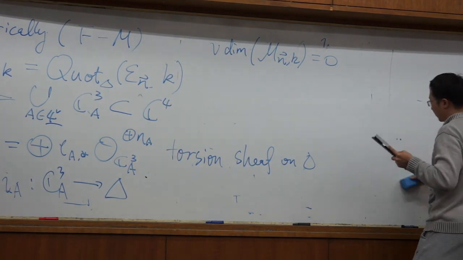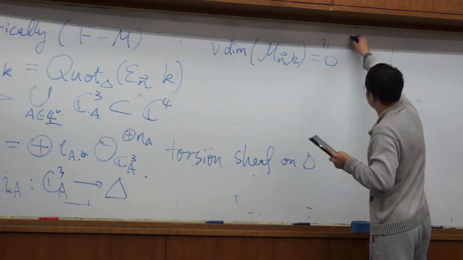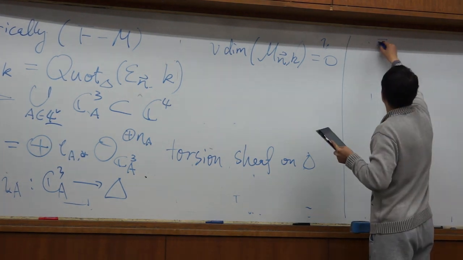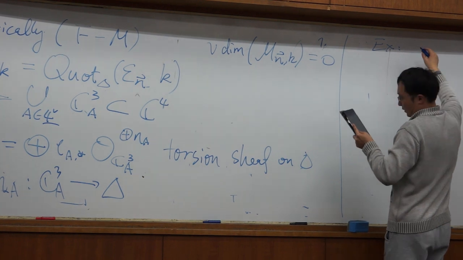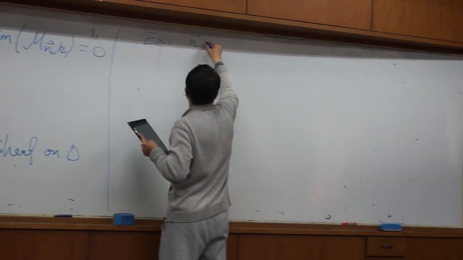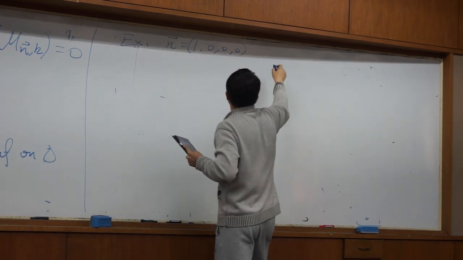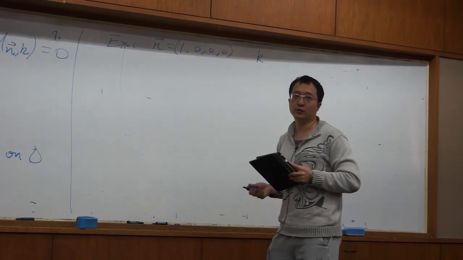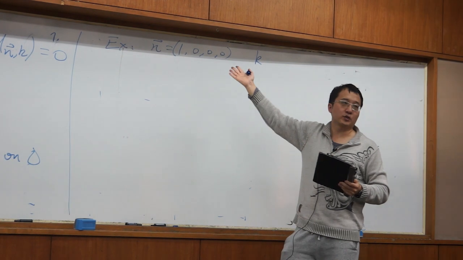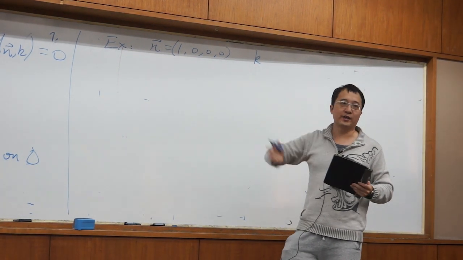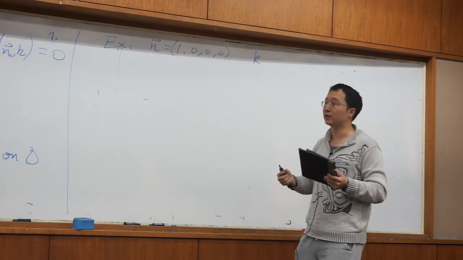Okay, so let me give you some examples. The simplest case is when this N is (1, 0, 0, 0), and you still have K D0 branes. So this goes back to K D0 branes probing one D6 brane, right?